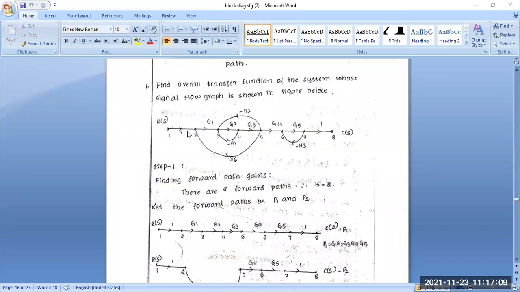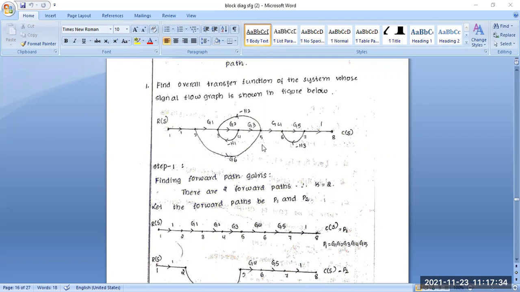Here you can see the input point, R(s), and C(s) is the output point, and there are different types of loops. These are the loops and these are the nodes, forward paths or backward paths, branching, non-touching loops, or touching loops. These are the terms we discuss in the signal flow graph method.